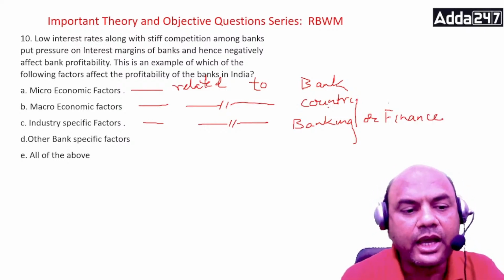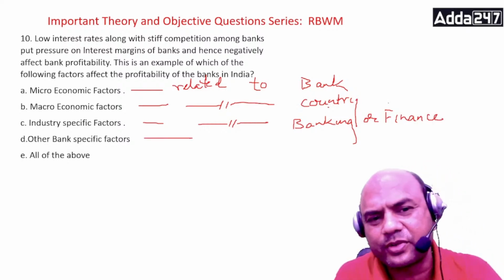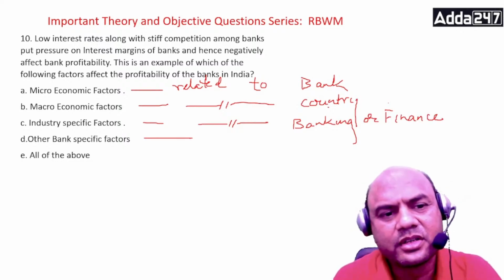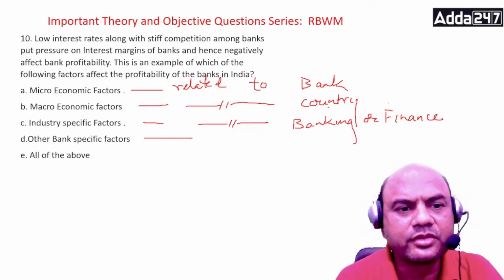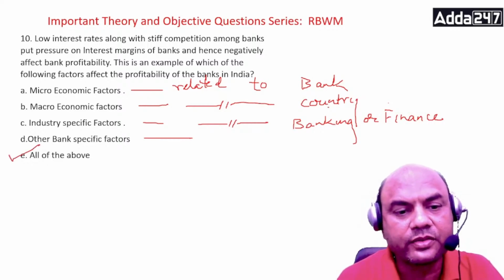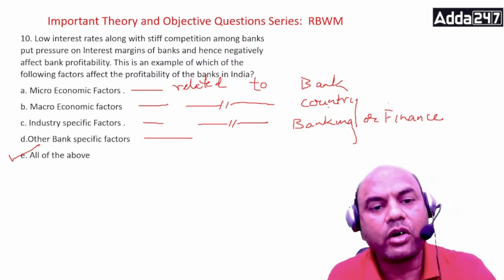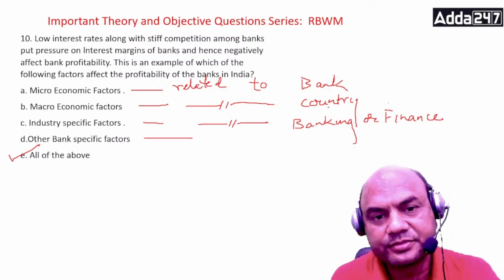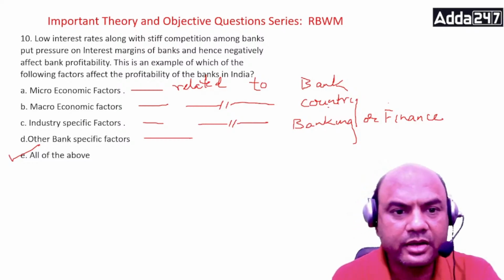Other factors means there can be miscellaneous factors of your bank, some strike going on, some other things. So what can affect this competition? Answer is E, all of them. All of them will affect the profitability of the banks. Right? Clear? Move on.